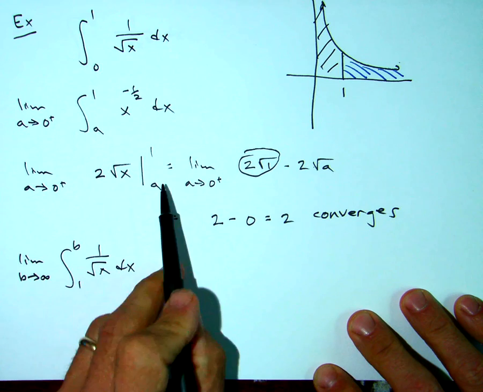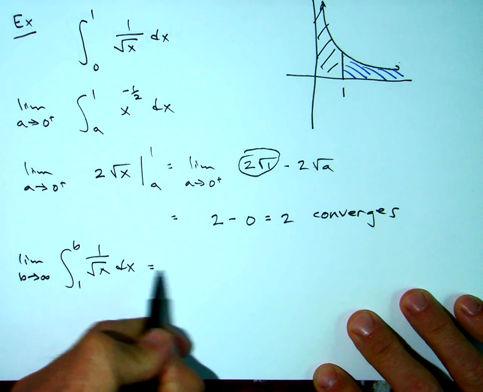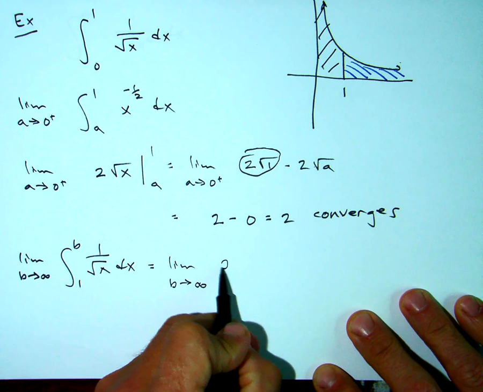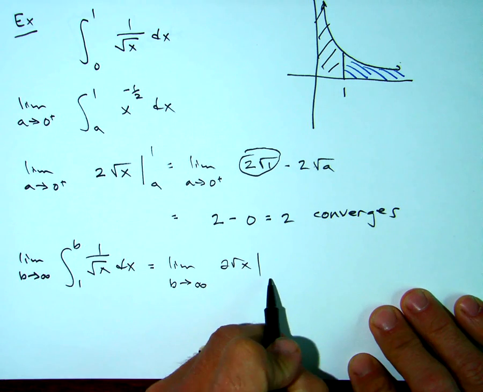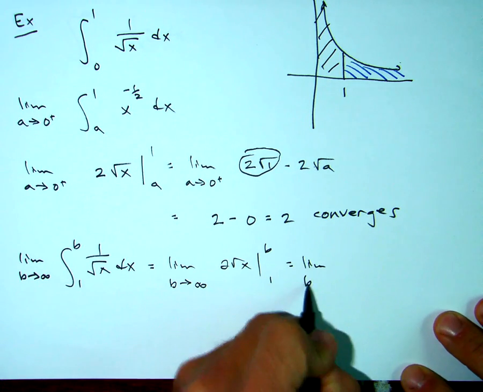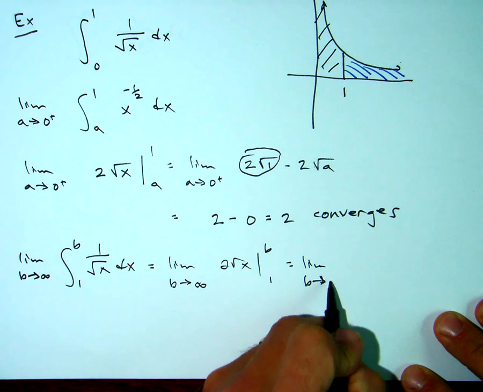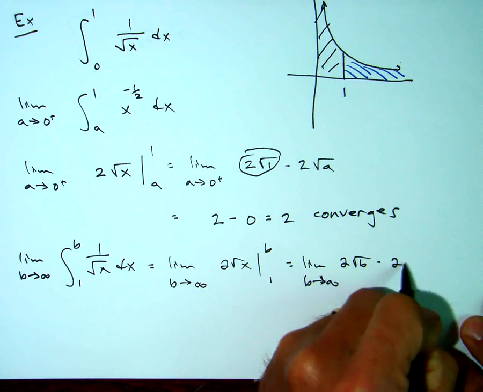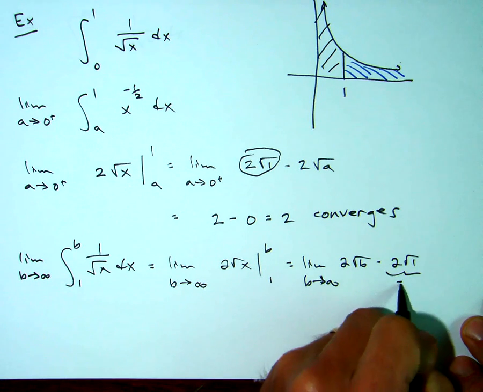We know what the antiderivative is. The only thing that's different are the limits. So we're taking the limit as b goes to infinity, 2 square root of x, going from 1 to b. So this is going to be the limit as b goes to infinity, 2 times the square root of b minus 2 times the square root of 1. Well, we know that's equal to 2.